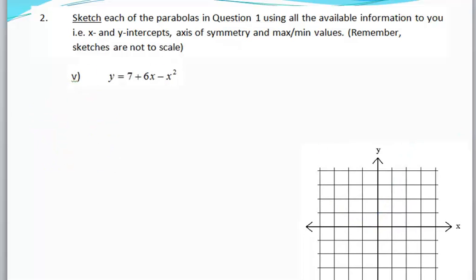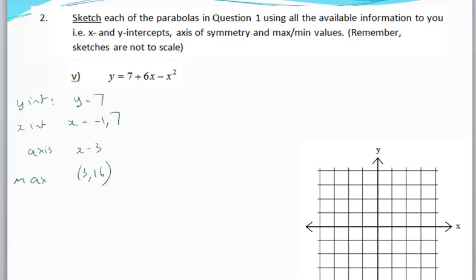So again, for our next curve, we write the information we've found previously on here. Our y-intercept is at y is equal to 7. Our x-intercepts are at x is minus 1 and 7. Our axis of symmetry, x is equal to 3, and we had a max at 3, 16 here.